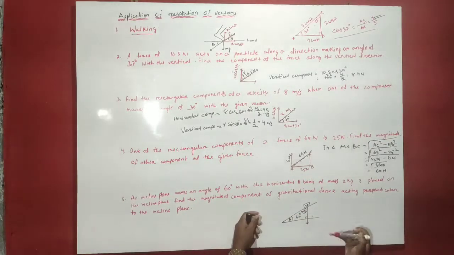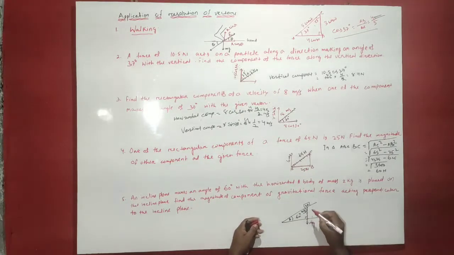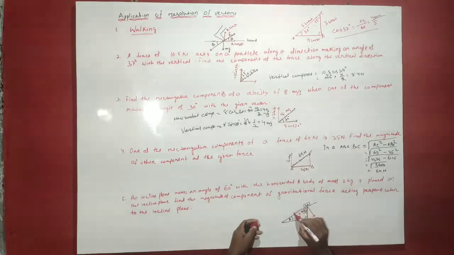When we break the gravitational force mg, it gives another force acting perpendicular to the plane of inclination, which is our required component, and another acting parallel to the plane of inclination.